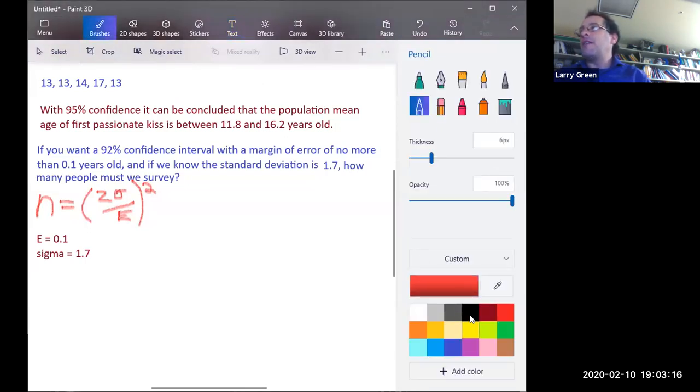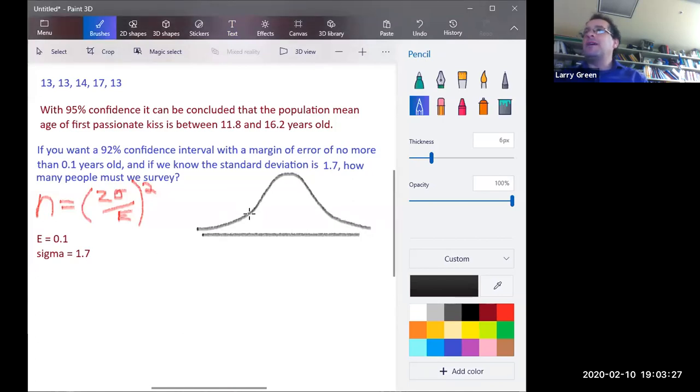So now I'm going to draw the picture. Beautiful picture. And what we know is we want a 92% confidence interval.